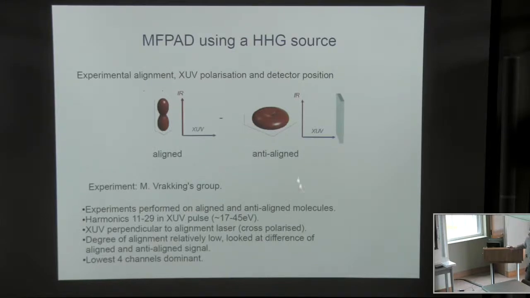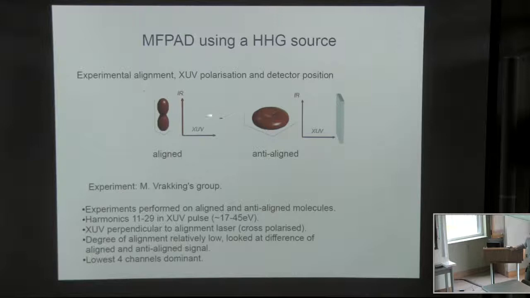And so what they did is they came in with an XUV pulse, which they measured to contain harmonics in the range from 11 to the 29th, which gives an energy range of about 17 to 45 eV.